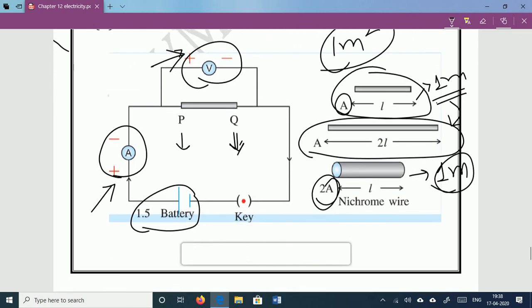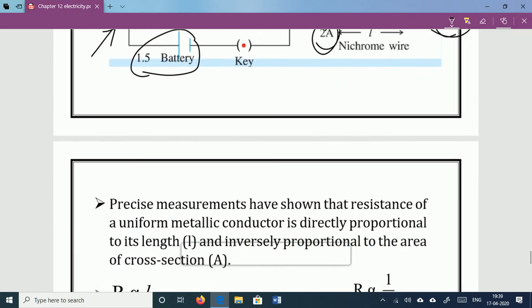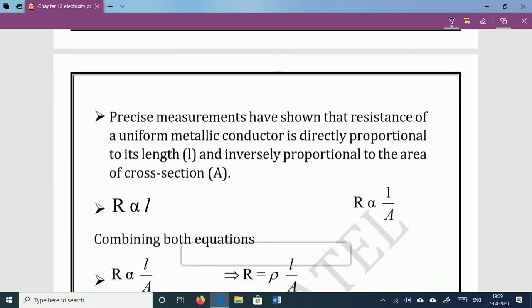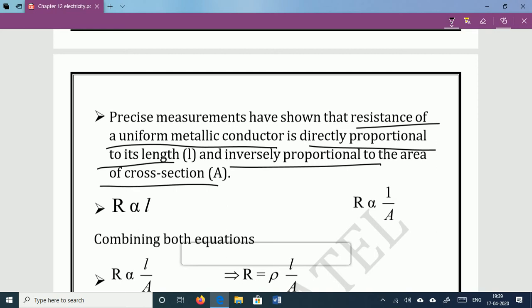These two relations established from this activity mean the resistance of a uniform metallic conductor is directly proportional to the length and inversely proportional to the cross-section area. We can write R is proportional to L and R is proportional to 1 upon A, meaning inversely proportional to the area.